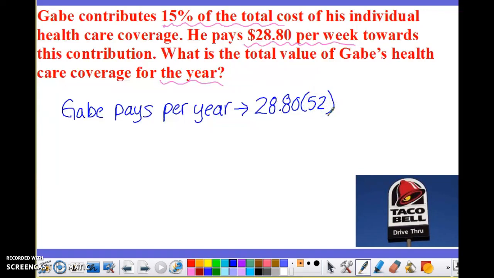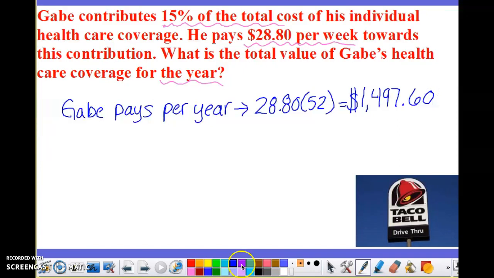Let me grab my calculator here. You should be doing the same. We are going to get $1,497.60. So that's how much Gabe pays per year towards health care coverage.